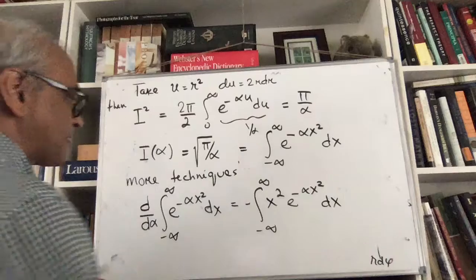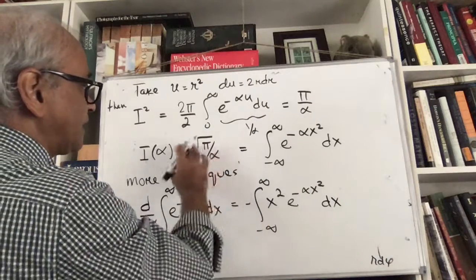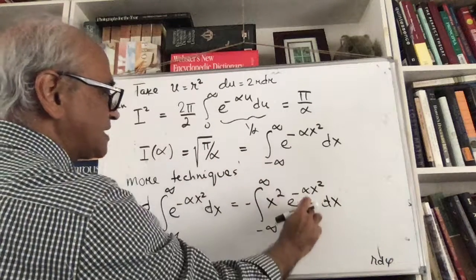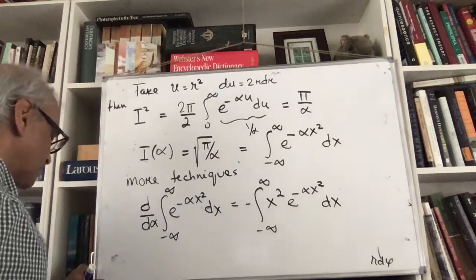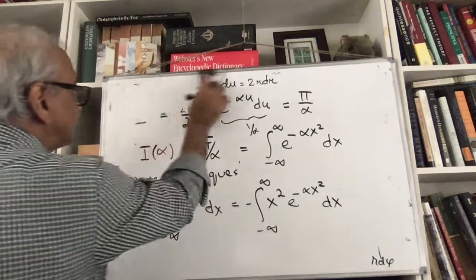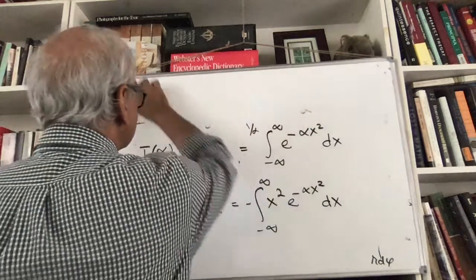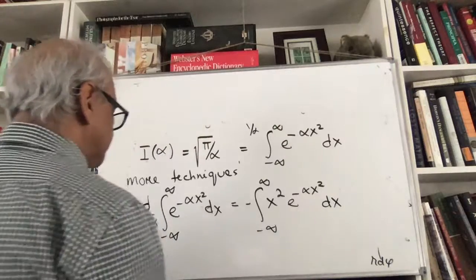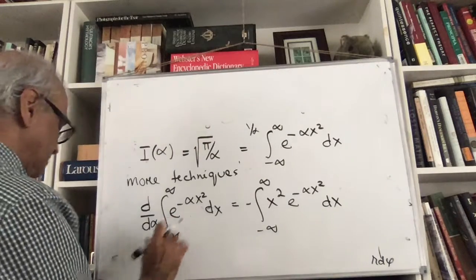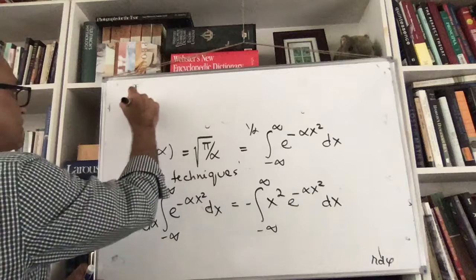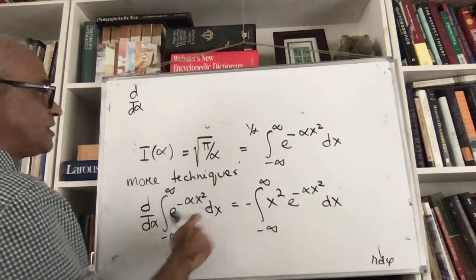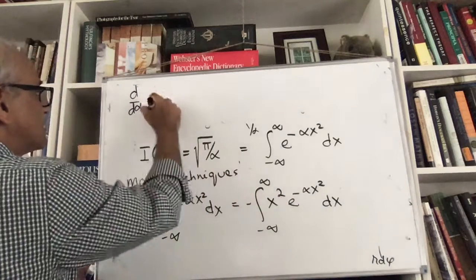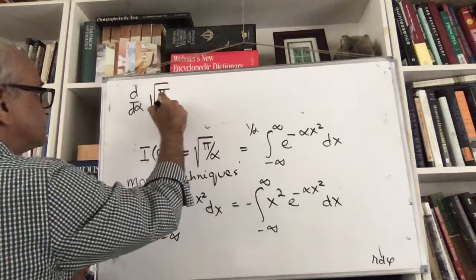All right, but if I go back and look at this one, this guy is that. So this is really interesting. What is this one here? This one here is d over d alpha of the integral. I already know that my answer is root pi over alpha.